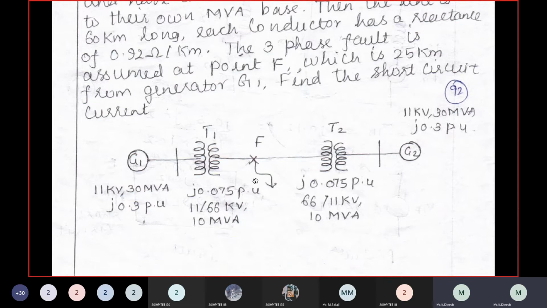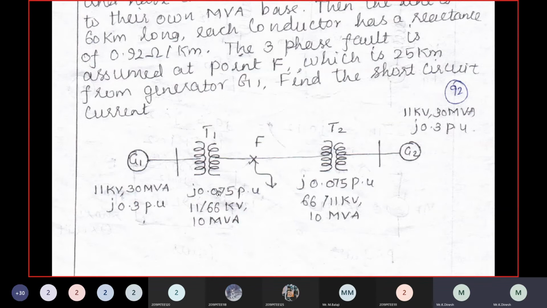So this is the one-line diagram we have. Based on the question, I have drawn the one-line diagram. We have two generators. Identical means same rating: 11 kV, 30 MVA, J0.3 per unit. Here also 11 kV, 30 MVA, J0.3 per unit. Identical means same values. Just like that, the transformer is also identical.